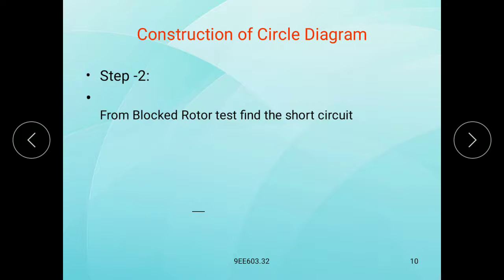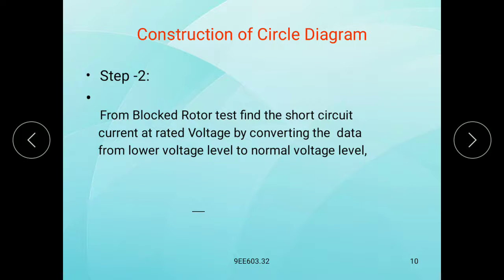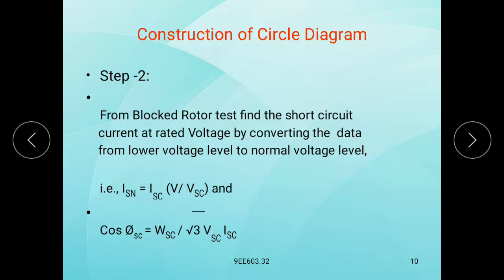Step 2. From the blocked rotor test, find the short circuit current and convert the data from lower voltage to the normal voltage level. So ISN is equal to ISC times V1 by VSC, and cos phi SC is equal to WSC by root 3 VSC ISC.